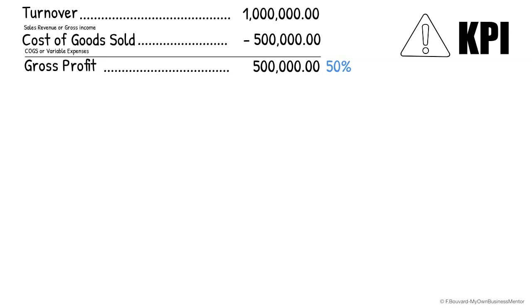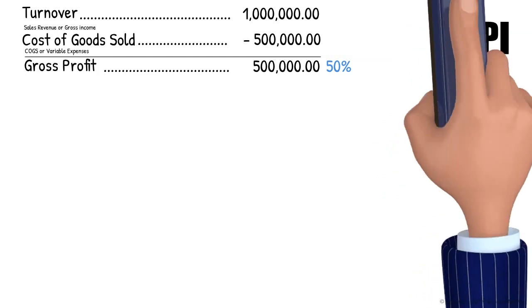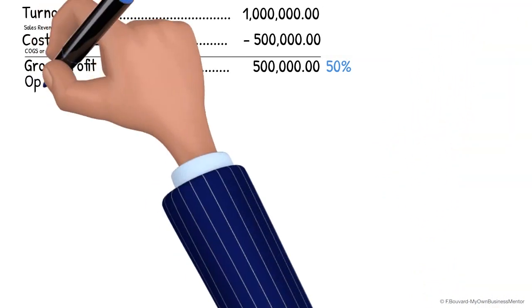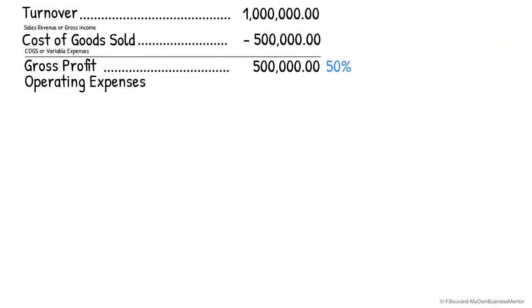It's always insightful to express KPIs as a percentage of the turnover, particularly for easy benchmarking against industry averages or comparing different years. The next step involves subtracting operating expenses from gross profit. Unlike the cost of goods sold, which varies with the sales volume, the operating expenses comprise costs incurred regardless of sales.